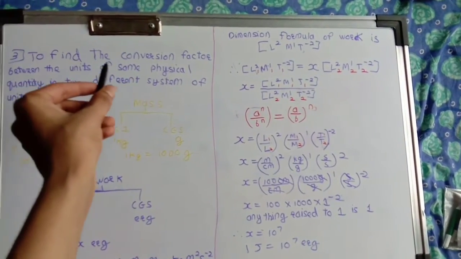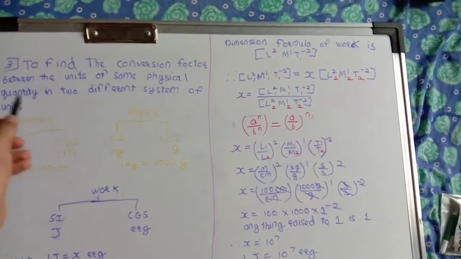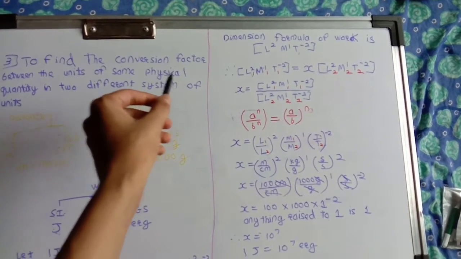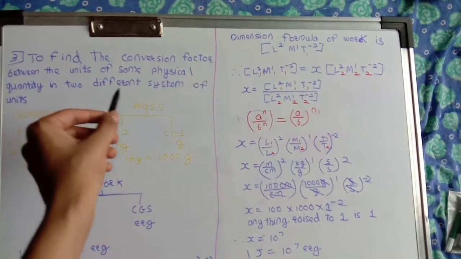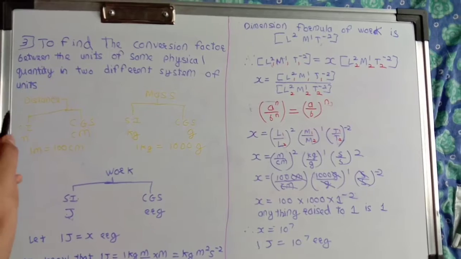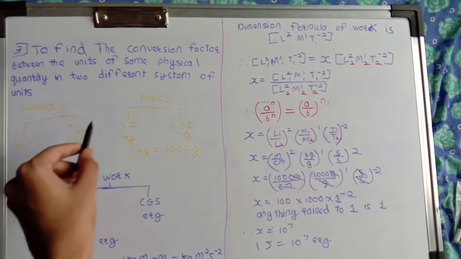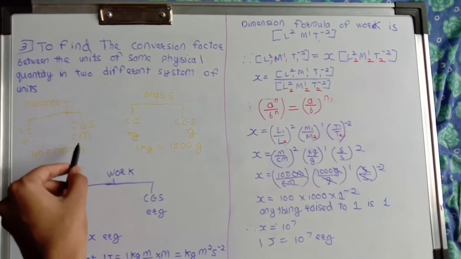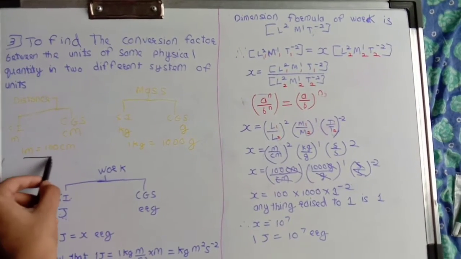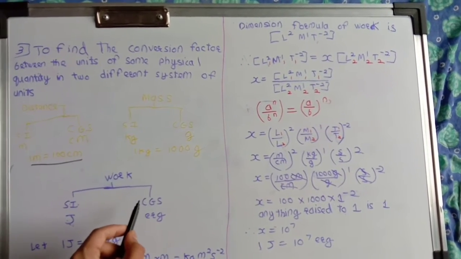Its third use is to find the conversion factor between the units of the same physical quantity in two different systems of units. For example, distance: its SI unit is meter and CGS unit is centimeter. We know that 1 meter is equal to 100 centimeter.